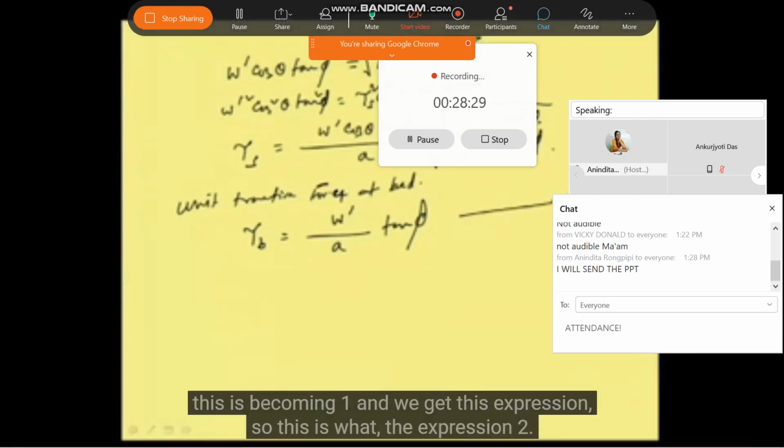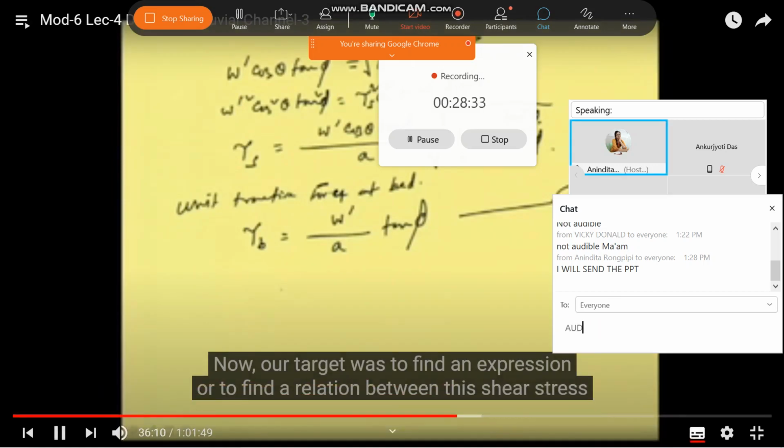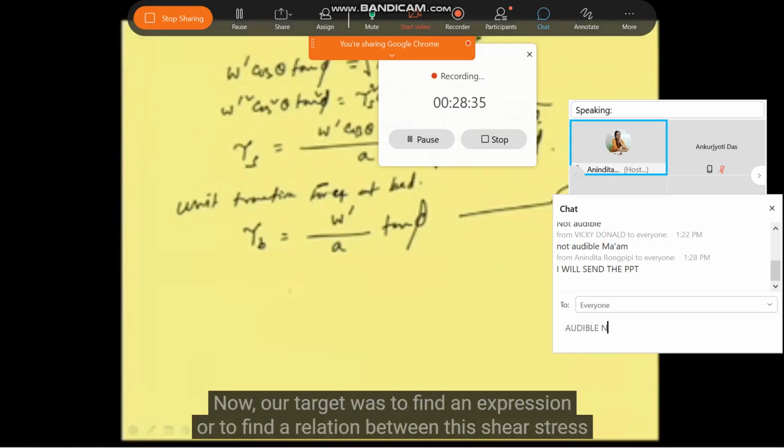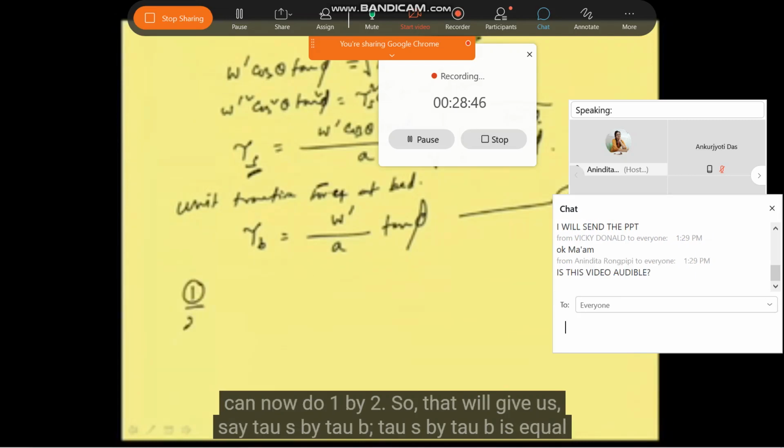So this is the expression 2. Now our target was to find a relation between the shear stress, or unit tractive force, at the side and the unit tractive force at the bed. So we can now do 1 by 2.